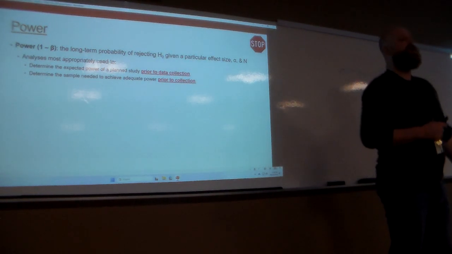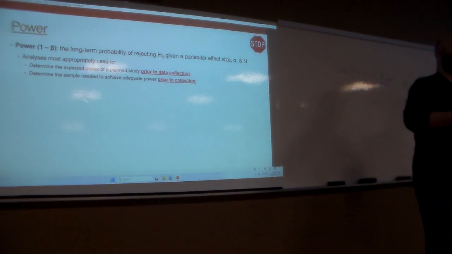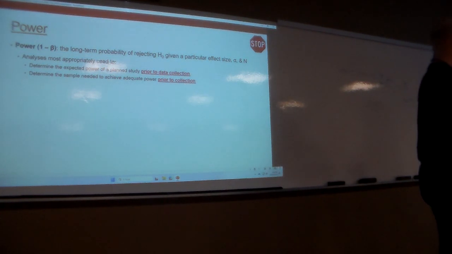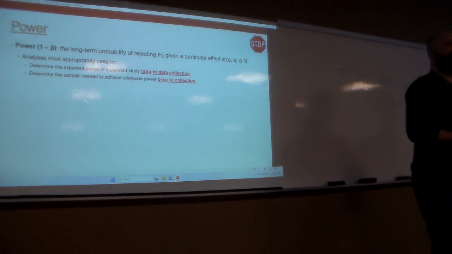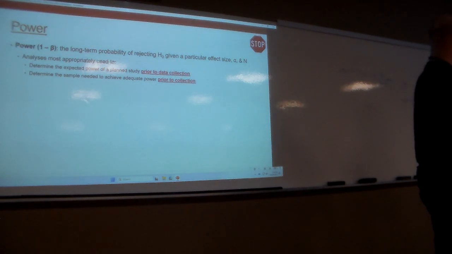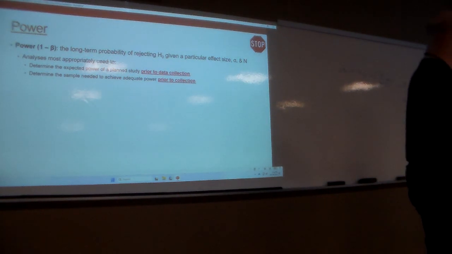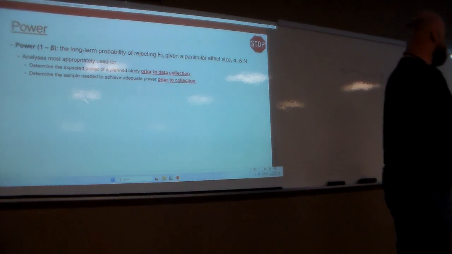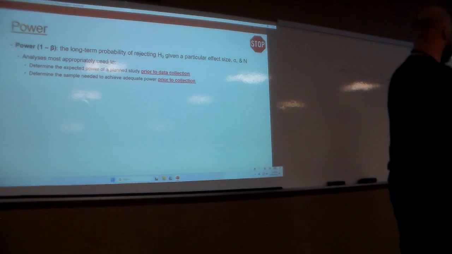So if I were to replicate this experiment again and again, what's the probability of rejecting the null hypothesis if the null hypothesis is false, right? And power, you'll see it statistically notated as 1 minus beta, is how people identify power here.